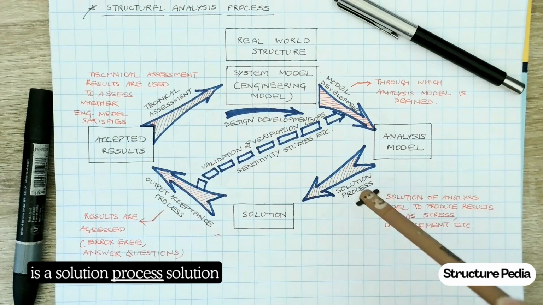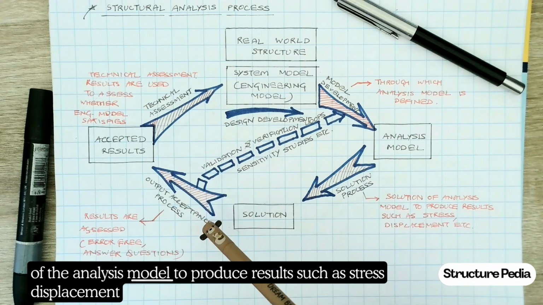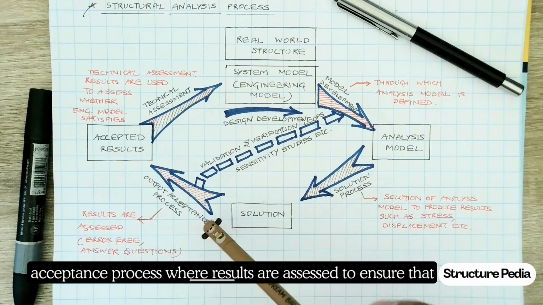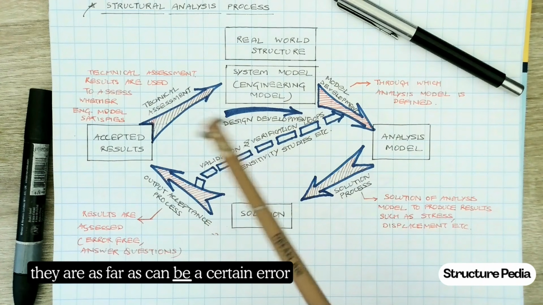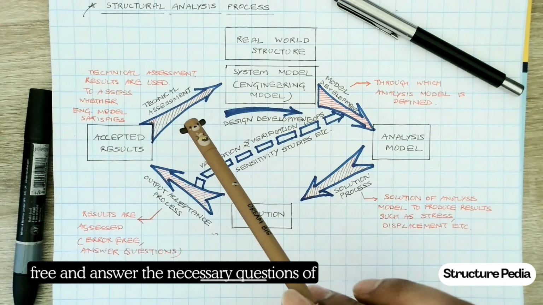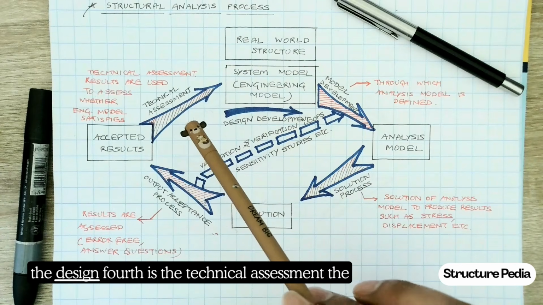Second is the solution process, solution of the analysis model to produce results such as stress, displacement, etc. The third stage is the output acceptance process, where results are assessed to ensure that they are, as far as can be ascertained, error free, and answer the necessary questions of the designer.